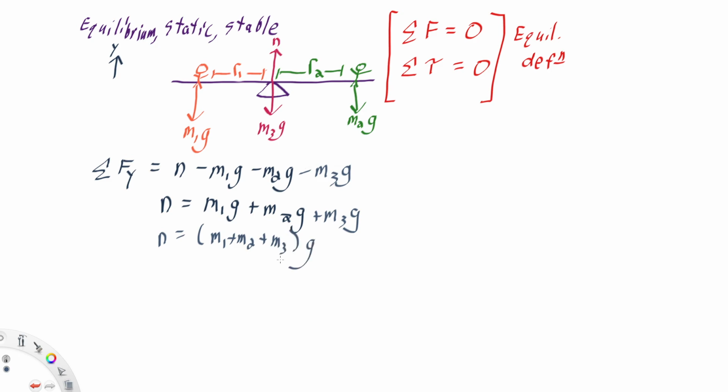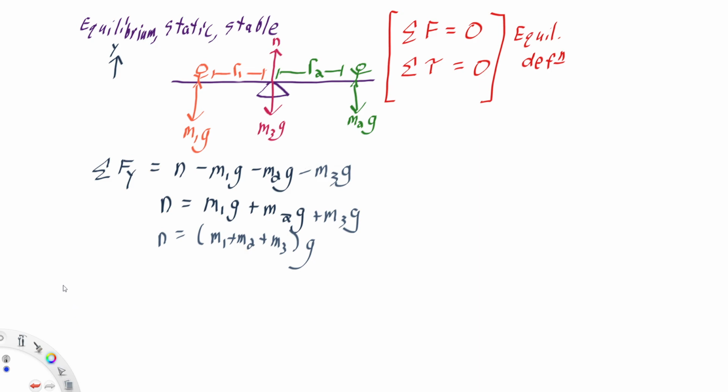So the normal force is enough force to support all of the weights that are in play. That's not really a surprise. That's exactly what we expected, given our experience with chapters 4 and 5.